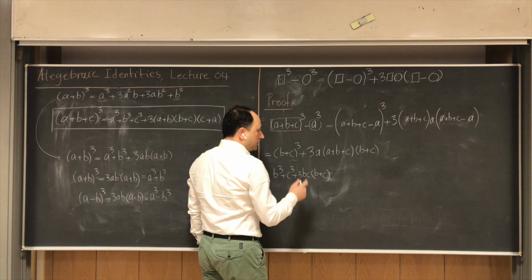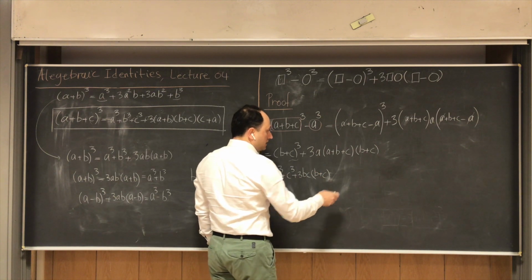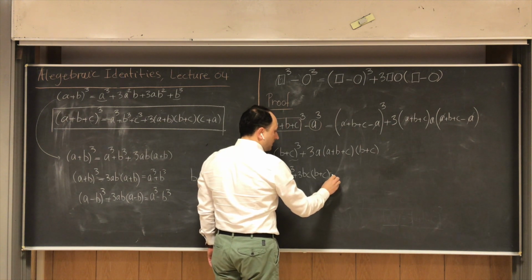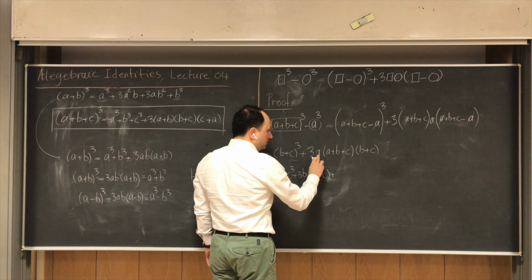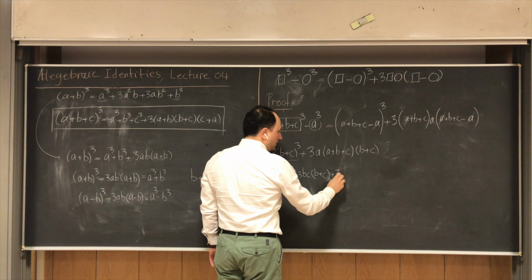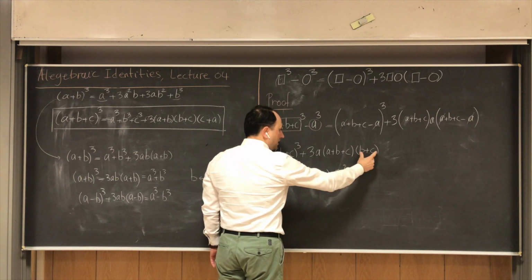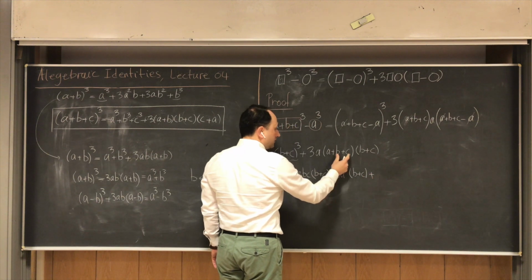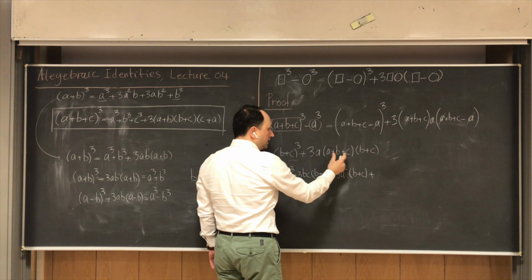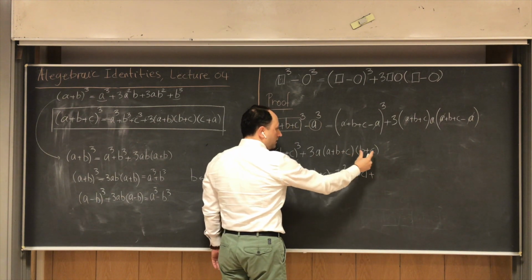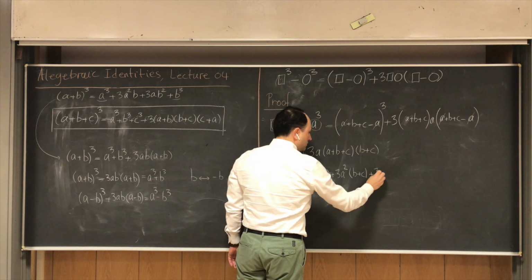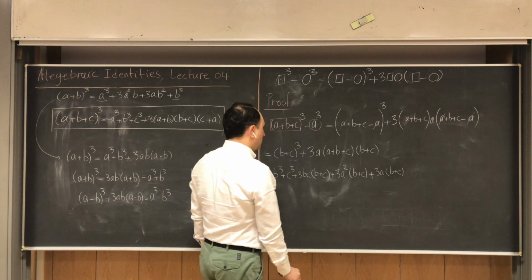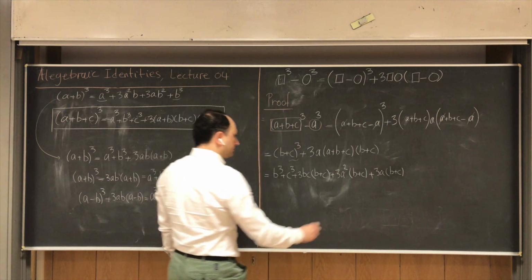And then here, what I can do is multiply this inside. I multiply 3a by this a, so it becomes 3a squared, and then I multiply it by (b plus c), and finally I have 3a times (b plus c) times another (b plus c), so it becomes 3a times (b plus c) to the 2.